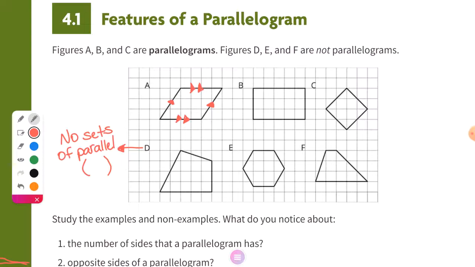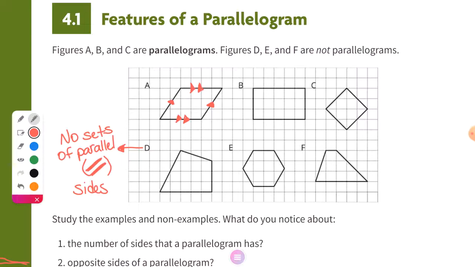If you do two parallel lines, and I always just try and darken them in so they stand out a little bit, we can use that symbol in place of the word parallel. So no sets of parallel sides. So the next time we have to write that word, we'll just do the symbol. But again, don't put them straight up and down because then it does look like an 11. Just slant. Don't put them completely sideways because then what does it look like? An equal sign. So we kind of go between an 11 and an equal sign.